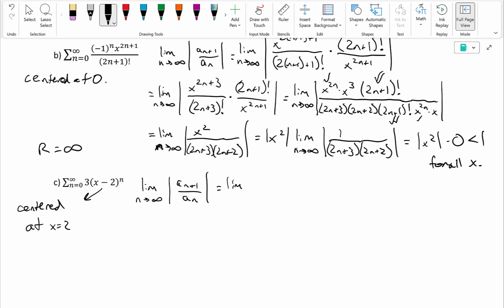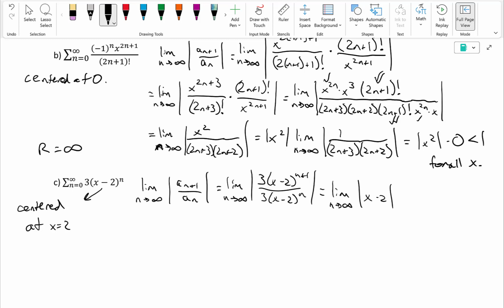We could write that out as the limit as n approaches infinity. We've got a 3 times x minus 2 to the n plus 1 over 3 times x minus 2 to the n. That would leave us just with a limit as n approaches infinity of absolute x minus 2.